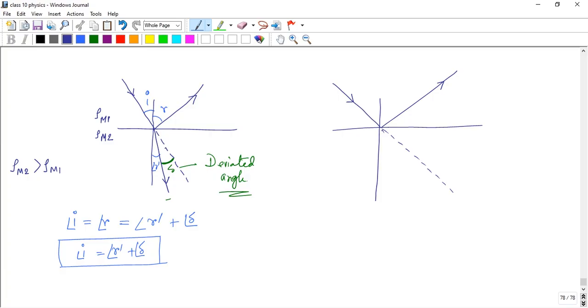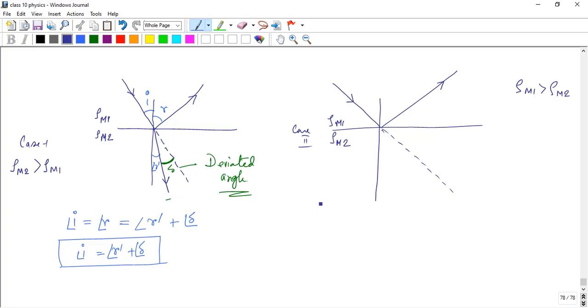Okay, there is case 1 and case 2. If that is the medium 1 density, that is the medium 2 density, in that case the medium 1 density is greater than the density of medium 2. Okay, so now light travels from high density to low density.